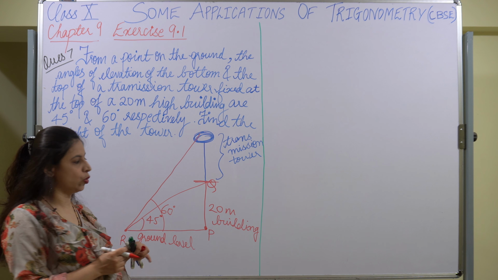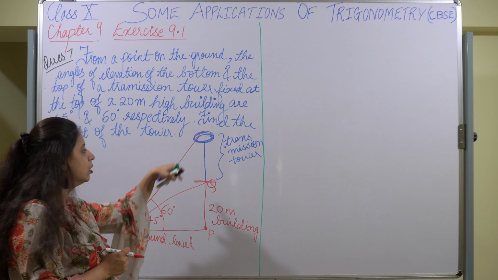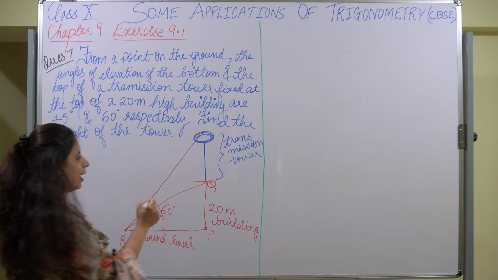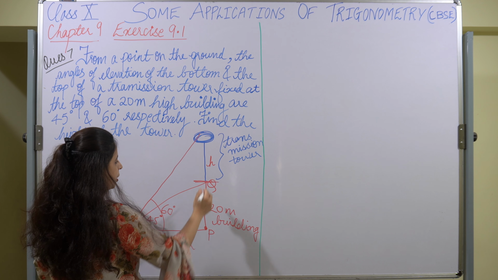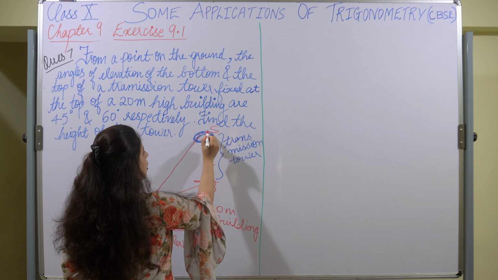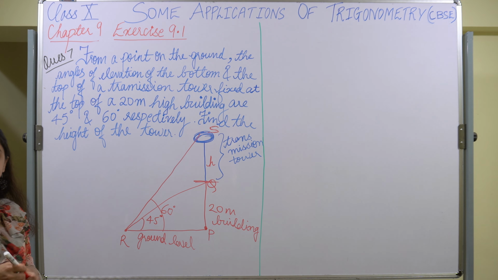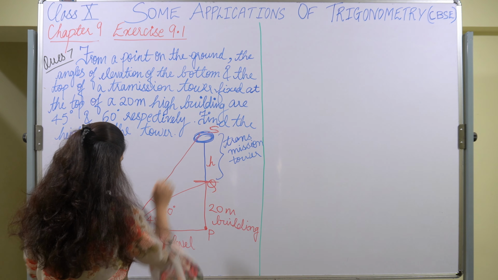So this is the bottom elevation, this is the top elevation, this is the tower, and we need to find the height of the tower. That means we need to find this H. Let us mark this point to be S. Understood? Now we are going to solve for this H.